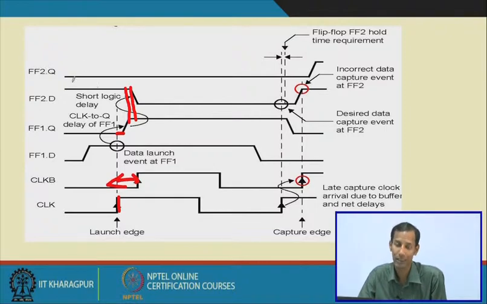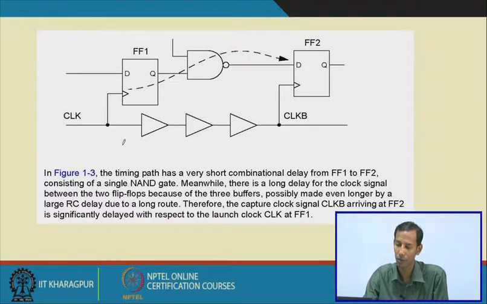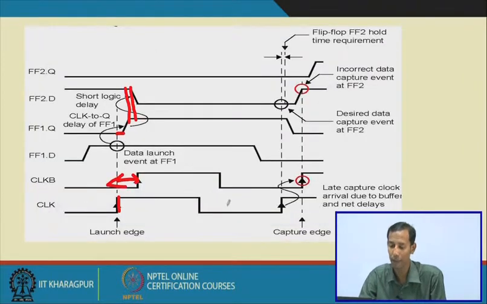Now for the second input, that means the second flip flop, what is happening? The clock edge occurs at this particular later edge, because of the buffers. At that time this data is changing because of the very short delay. So at this particular edge the data is not stable, and you may not get the corresponding value.